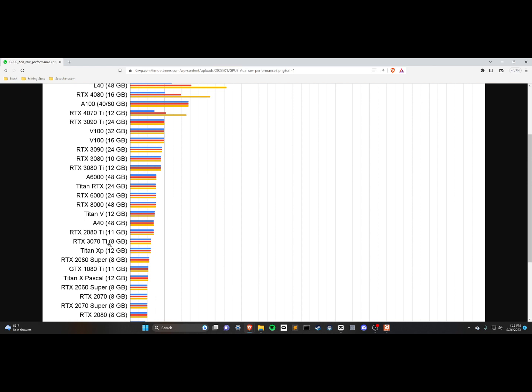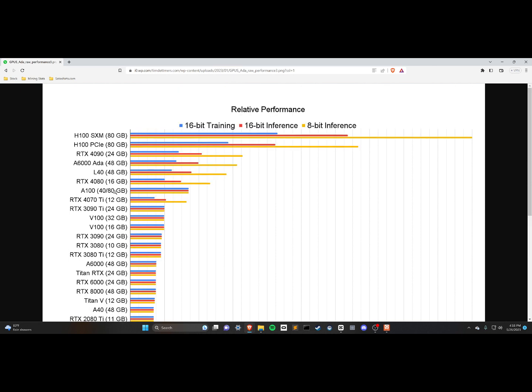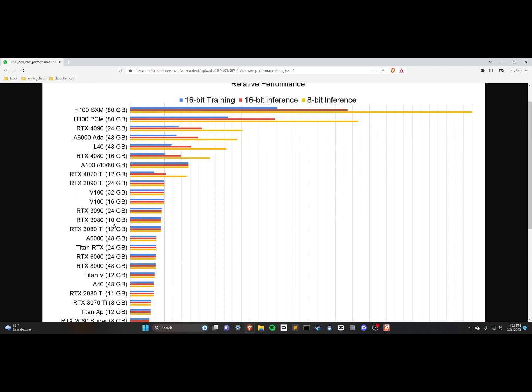Some of these cards do pretty decently, even competing with server-grade GPUs, like the 3090 and the 3080 beat out the A6000, whereas the V100 is only a little bit more than the 3090. And here the 3080 and the 3090 are extremely close to each other as well. 4070 Ti.